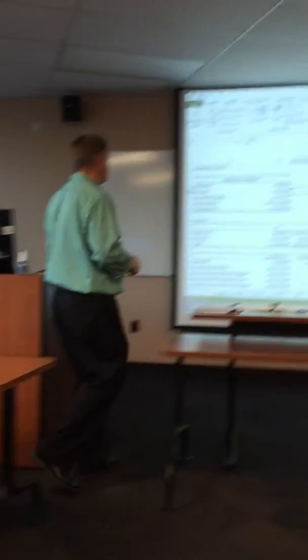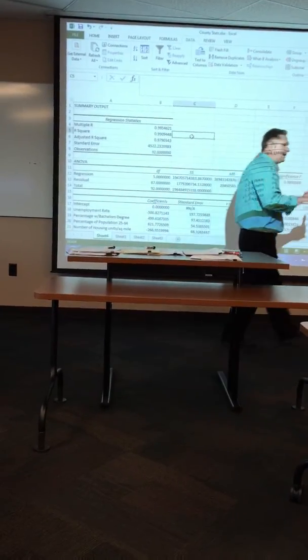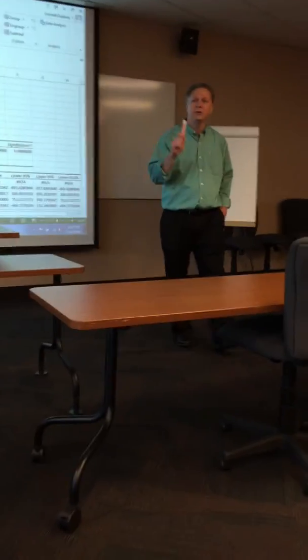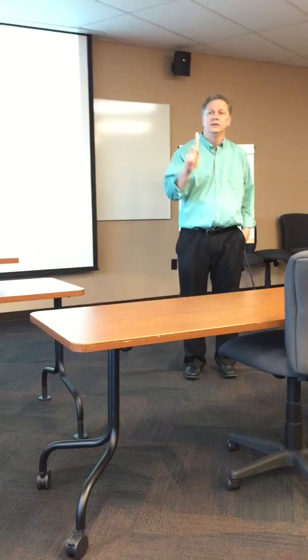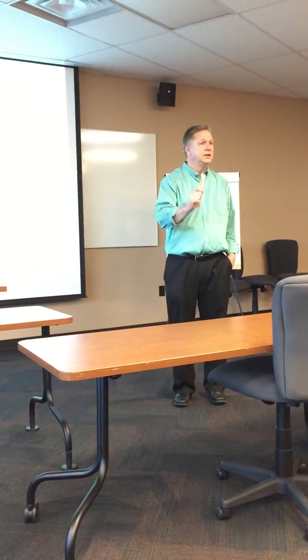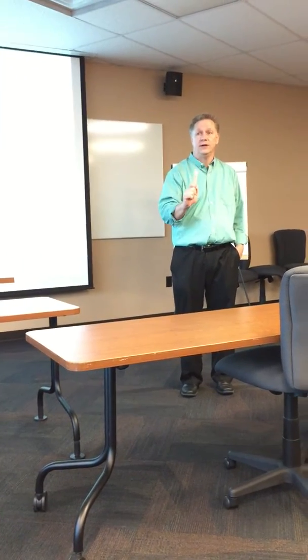That's not bad. Now, the next thing I want to look at is my p-values. If the p-value is above 0.05, that variable is not statistically significant. It must be below 0.05.